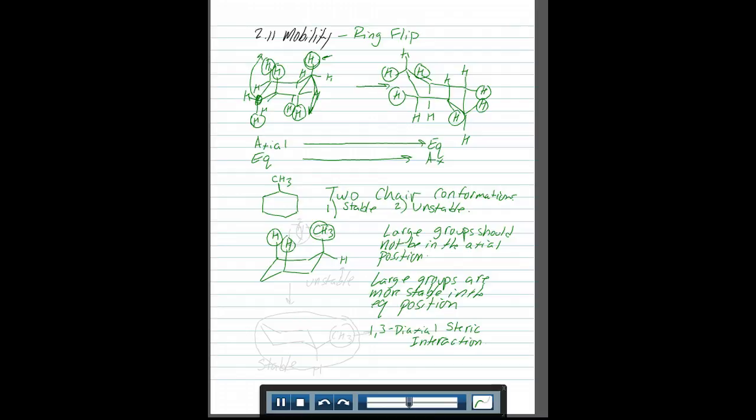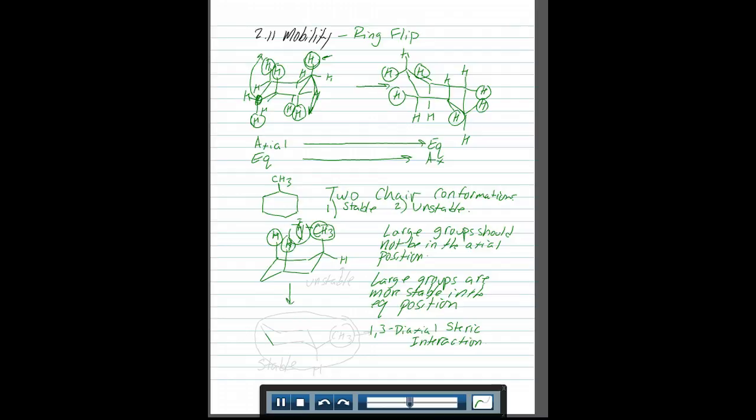So you have these two hydrogens interacting; that symbol right there shows an interaction. Remember, your carbon here actually has hydrogens that are all sticking out of it, so those hydrogens are interacting with these other hydrogens. That's very unfavorable, so you do not want your methyl group in the axial position.